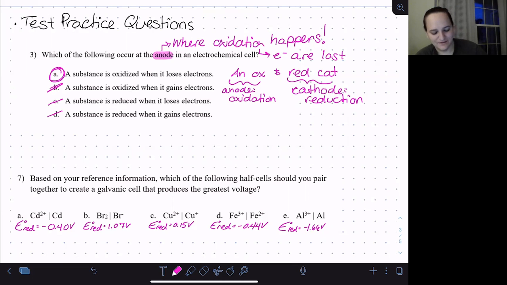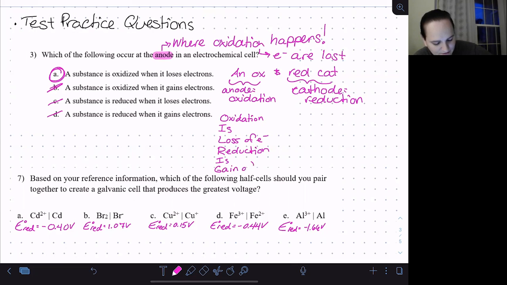For loss and gain of electrons, there are a few different popular mnemonics. OIL RIG is probably the most common one: oxidation is loss of electrons, reduction is gain of electrons.